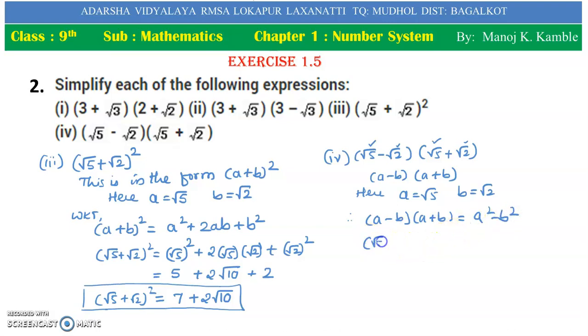Apply here: root 5 minus root 2 into root 5 plus root 2 is equal to, what is the meaning of a and b? The meaning of a is root 5 and the meaning of b is root 2. That's why the squares get cancelled. It's 5 minus 2, that is equal to 3. So this is the solution for Roman 4. I think you got all the points here. So thank you.